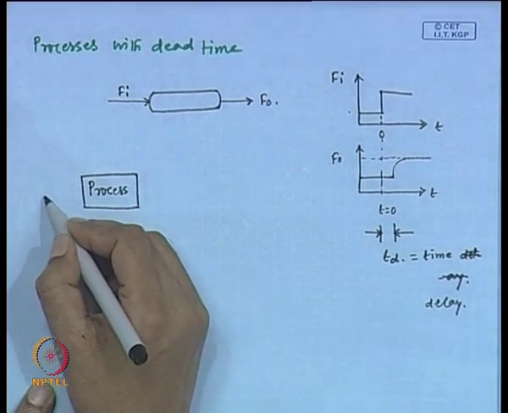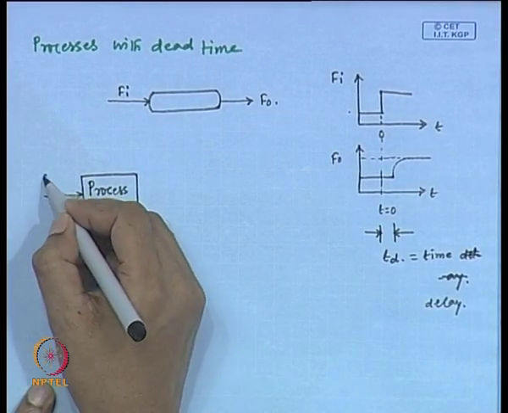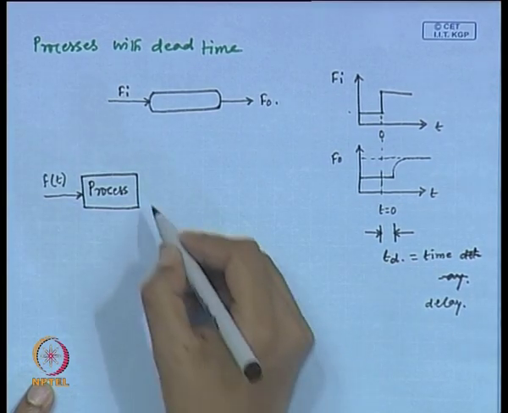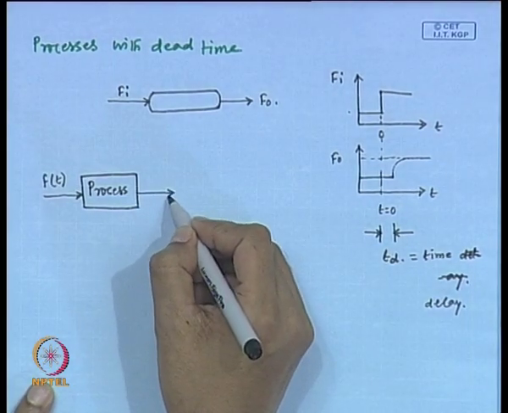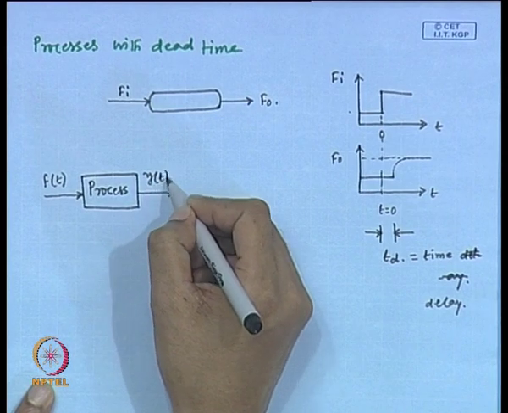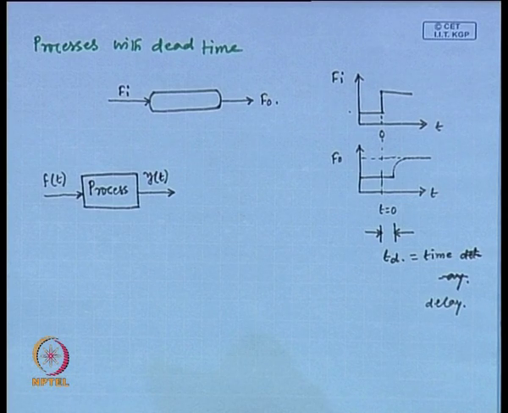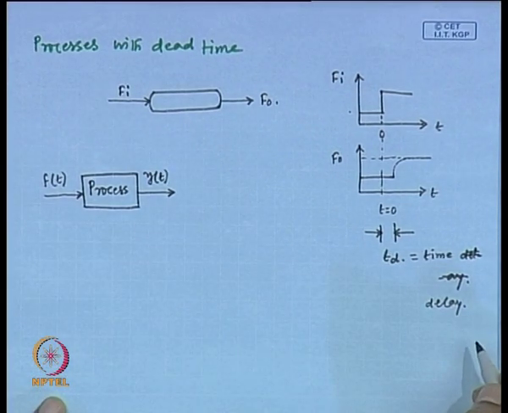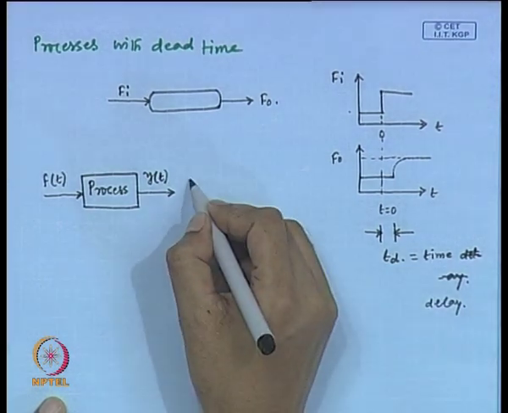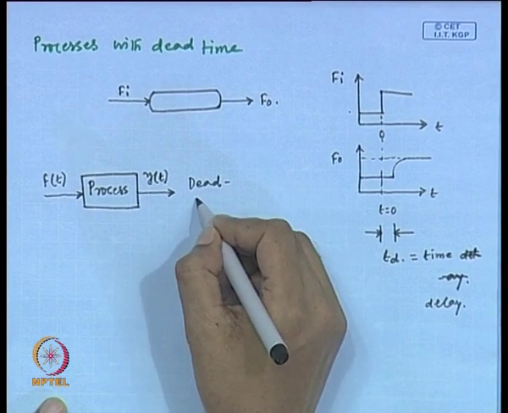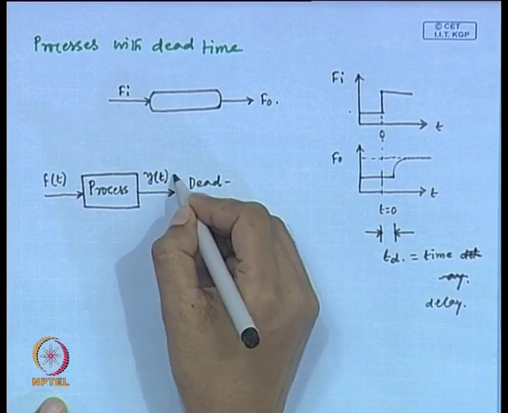Input to this process is suppose f(t). Fine. Output of the process is say y(t). Now we need to include one block for dead time. This time delay is again called dead time. Fine. So one block we need to include for dead time.